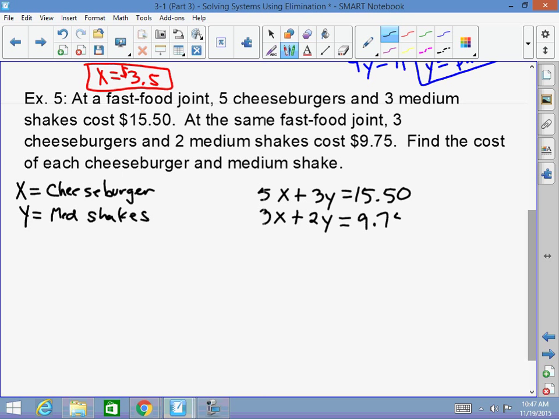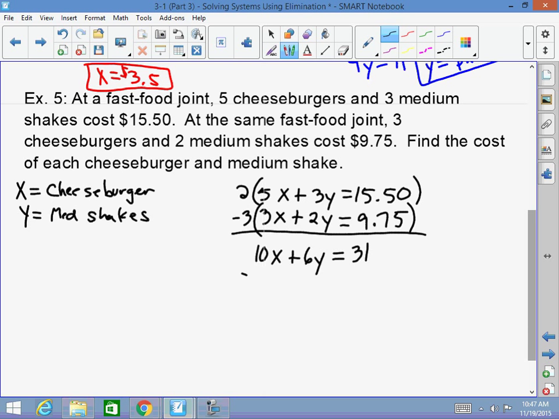Who do you want to get rid of? The y's? What do you want to multiply these by then to get rid of the y's? 2 and negative 3. Beautiful. So 10x plus 6y equals 31. Let me make sure. Yeah, 31.